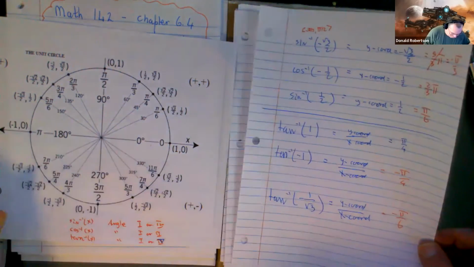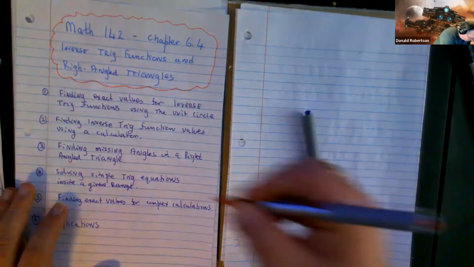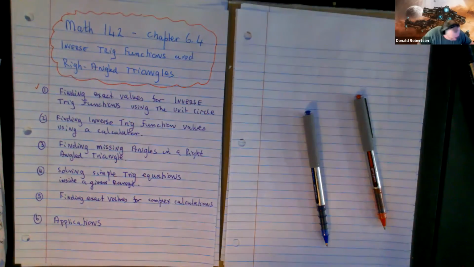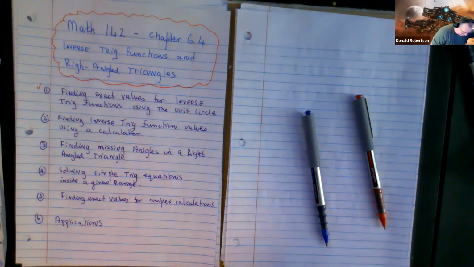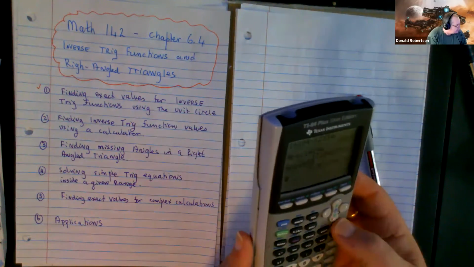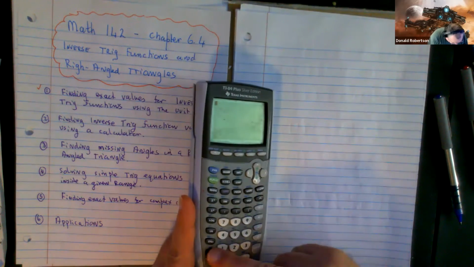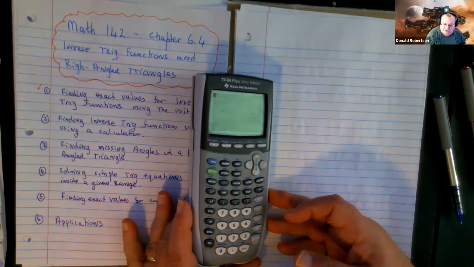Right. Let's show you the next group of questions, which is how do you do it using your calculator? Well, if I find my calculator, I'll show you. Can't be far. Here it is. Now, I believe that sometimes the questions are degrees and sometimes the questions are in radians.